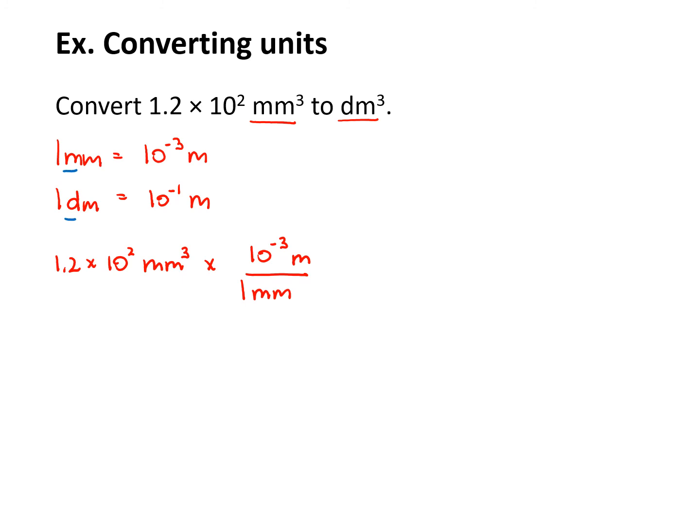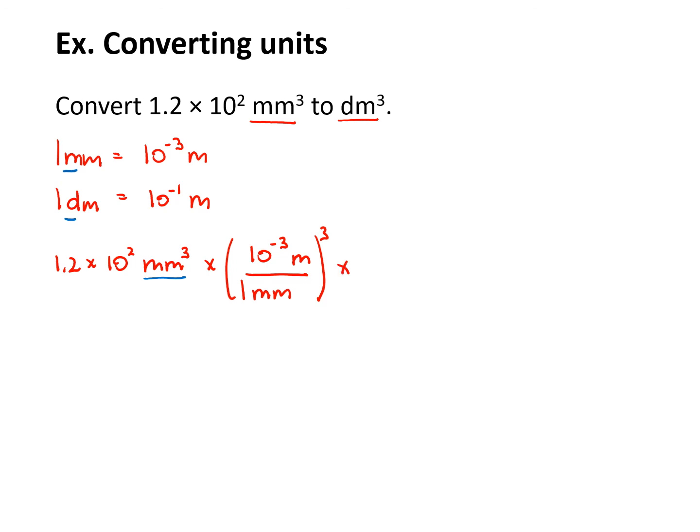Now you'll notice here that our units were given in cubic millimeters, but our conversion factor is only in millimeters to meters. So to convert from cubic millimeters to cubic meters, we would have to raise our conversion factor to the power 3.